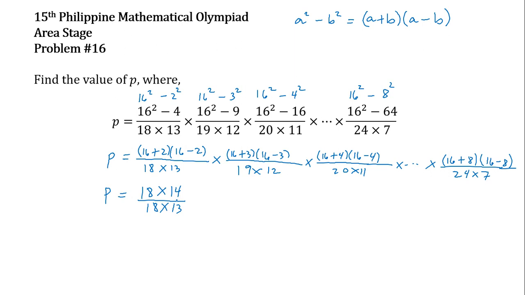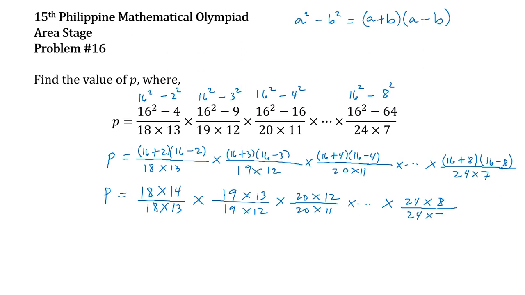Let's do the same to the next fraction: 19 times 13 over 19 times 12, and then 20 times 12 over 20 times 11, all the way to 24 times 8 over 24 times 7.